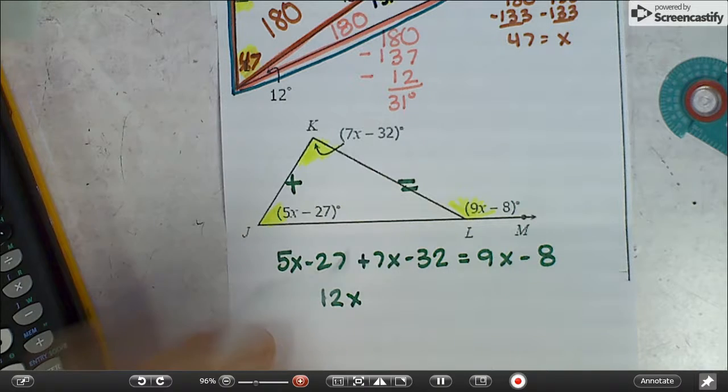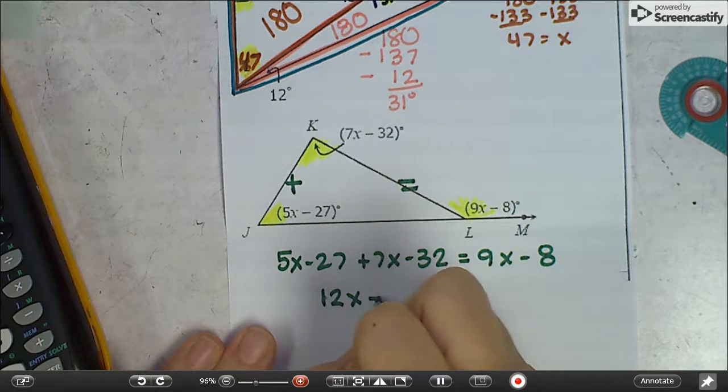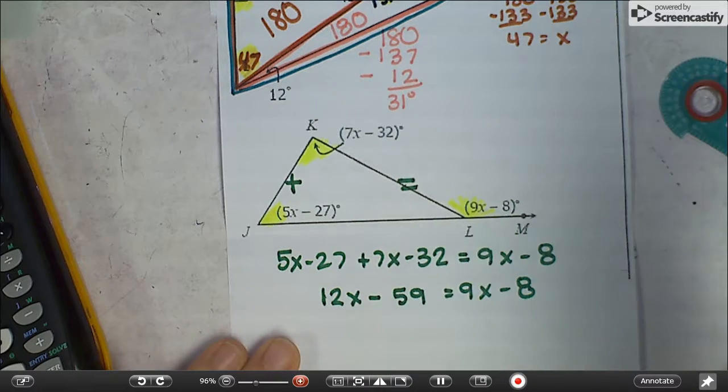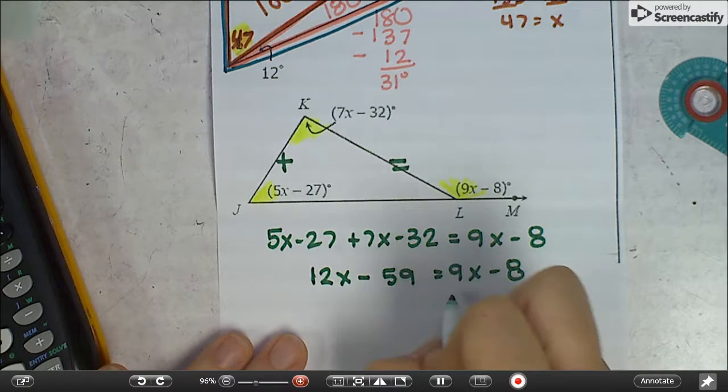So 12x minus 59 equals 9x minus 8. And I'm just going to solve this. So you can pause, solve your equation, and come back and check.